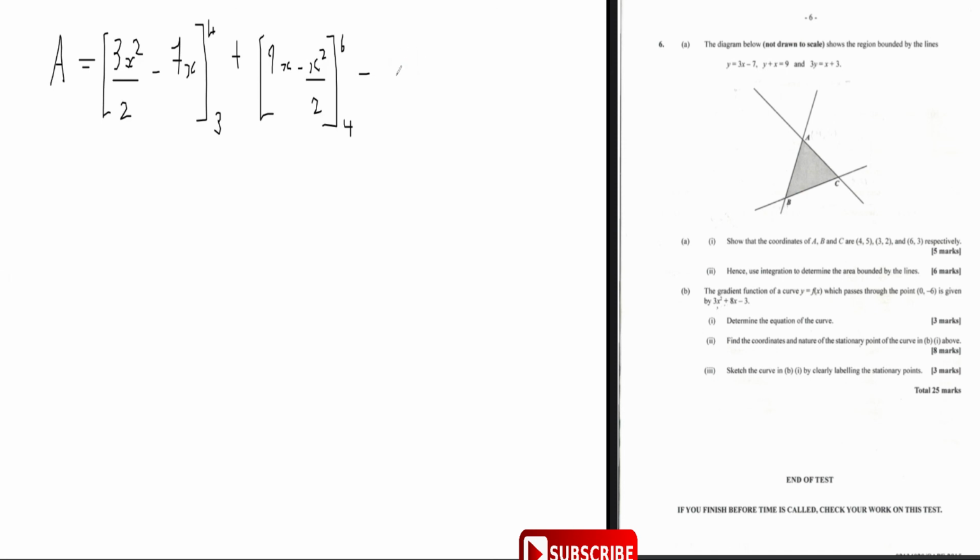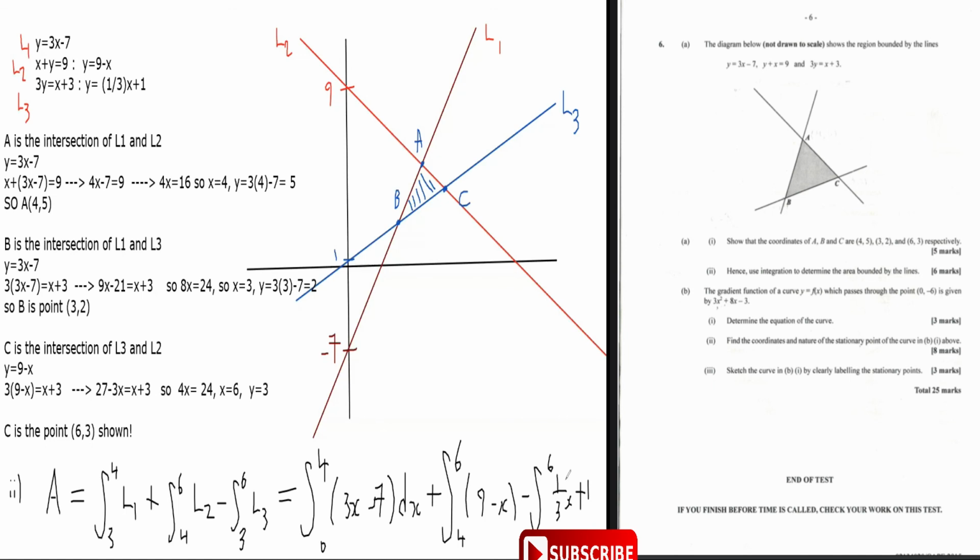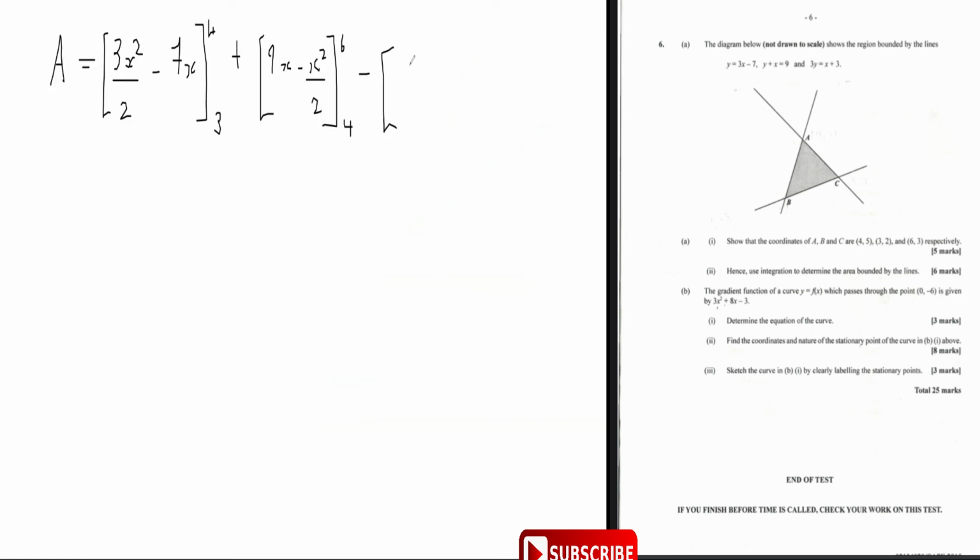Just making sure, again, integrating 1 over 3x, it becomes x squared over 2, x squared over 6. And then plus 1, you integrate plus 1, you get x. And we're integrating from 3 to 6. So now it's time to use your calculators, and that will give you the area.